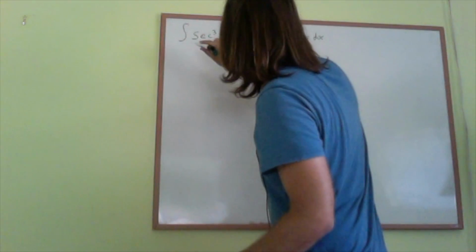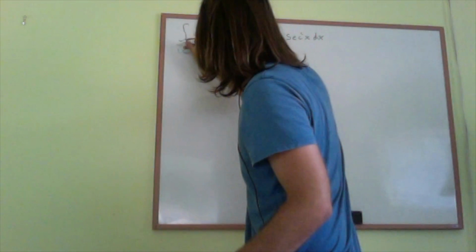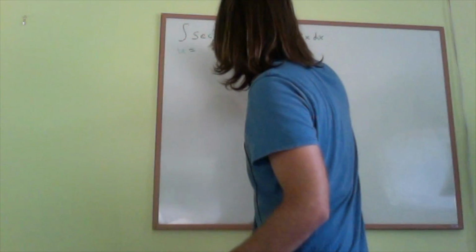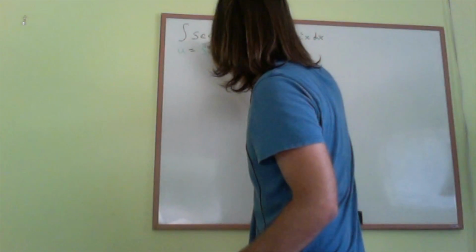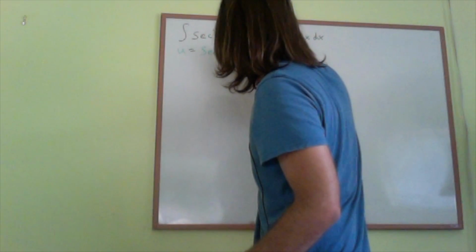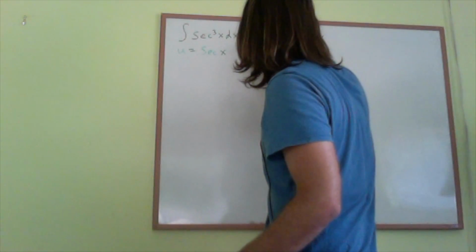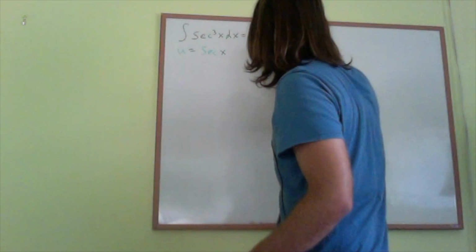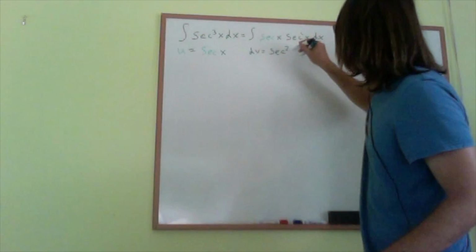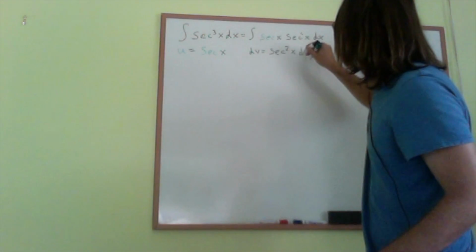So u is going to be secant x, and dv is going to be secant squared of x dx.